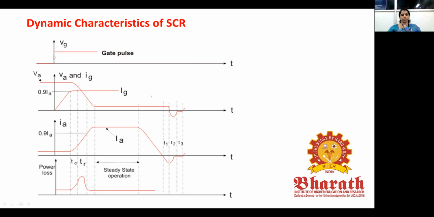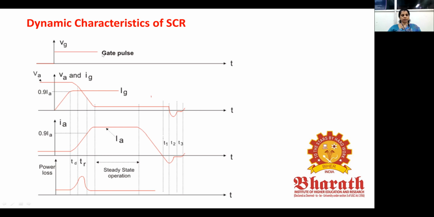As I said, we have to give an appropriate gate signal to the SCR to make it on. So this is VG, the gate pulse to the SCR. Coming to the next curve, we have two curves here: the anode voltage with respect to time and the anode current with respect to time. As I give the gate pulse, my SCR will start to conduct.